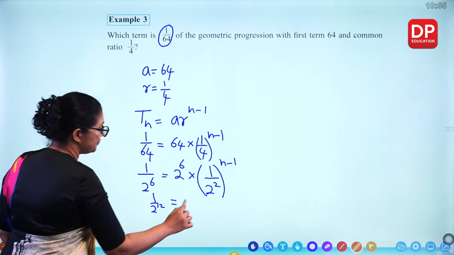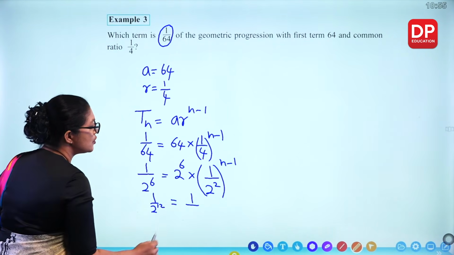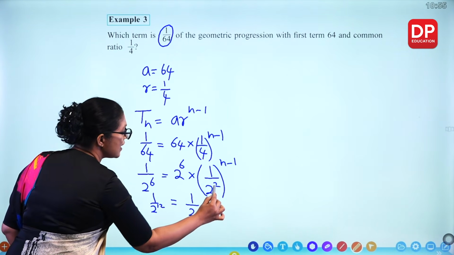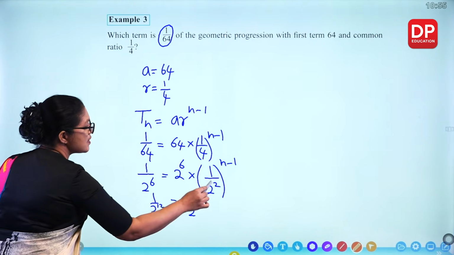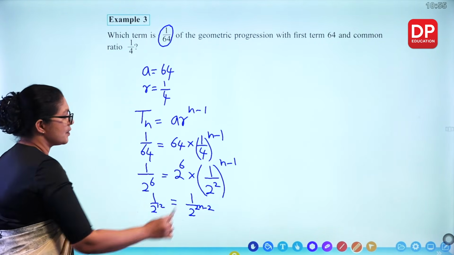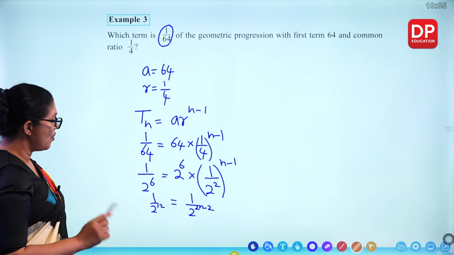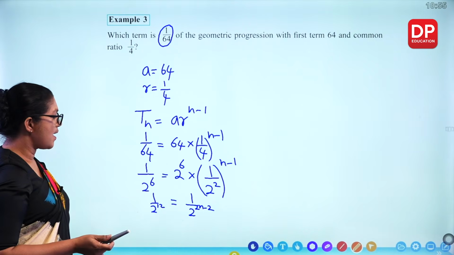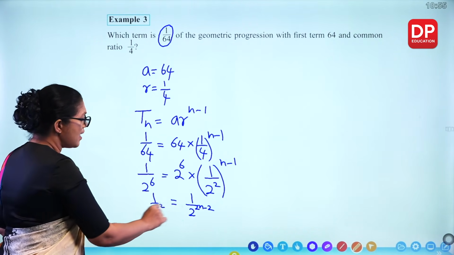1 over 2 to the power, when I take this power here, what's the answer? 2n minus 2. 2 times n, 2n minus 2. Now, you can compare the powers because the bases are equal.